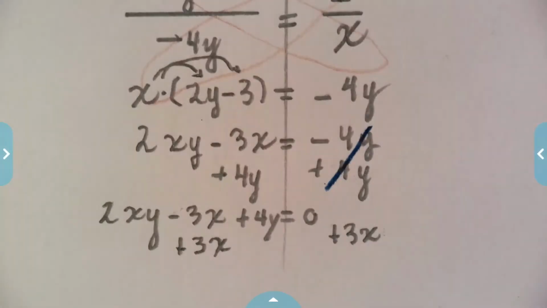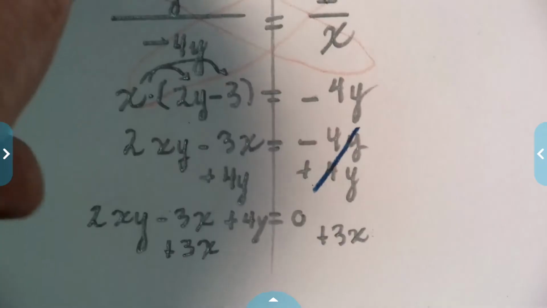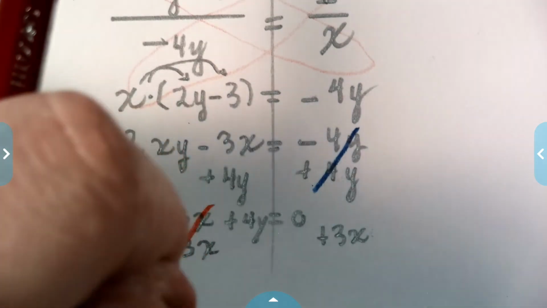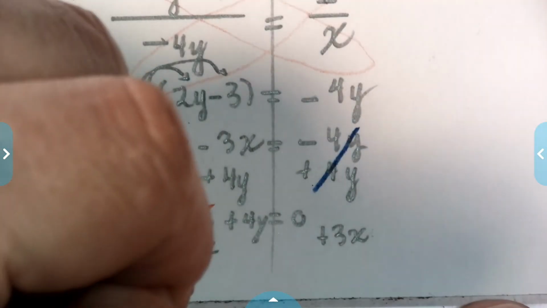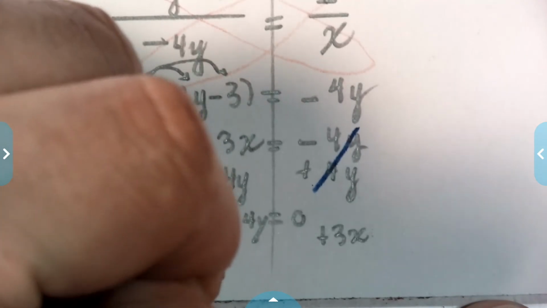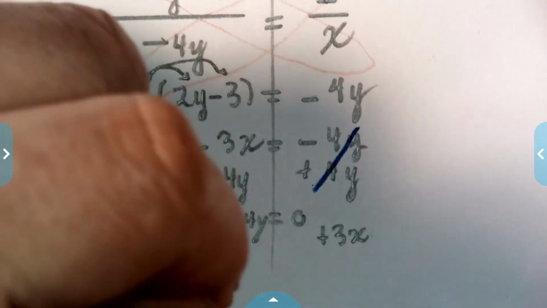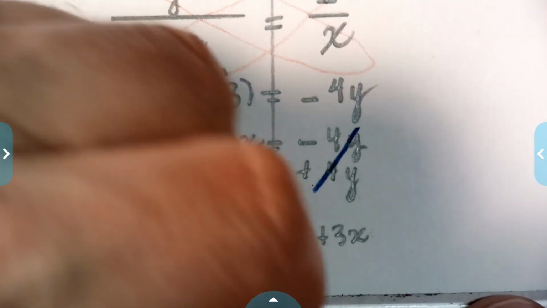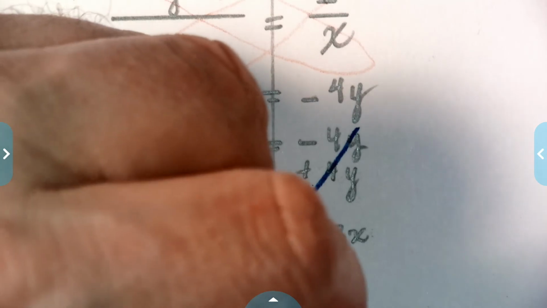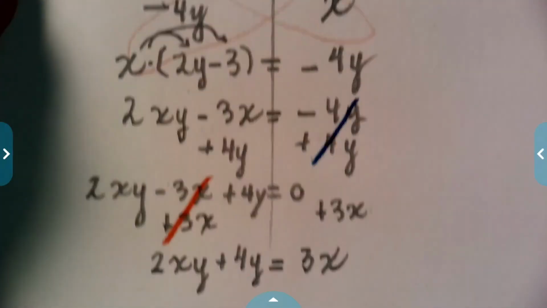Okay, and that will cancel out this 3x here. And so now I'll have 2xy plus 4y equals 3x. Okay?